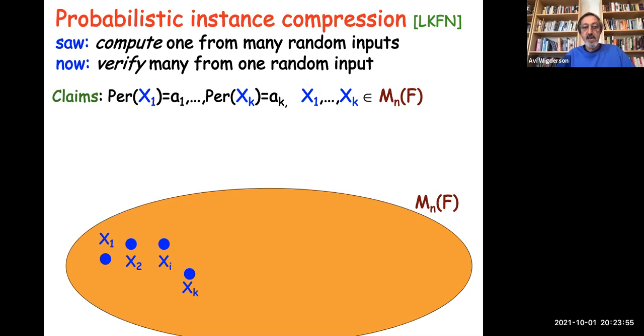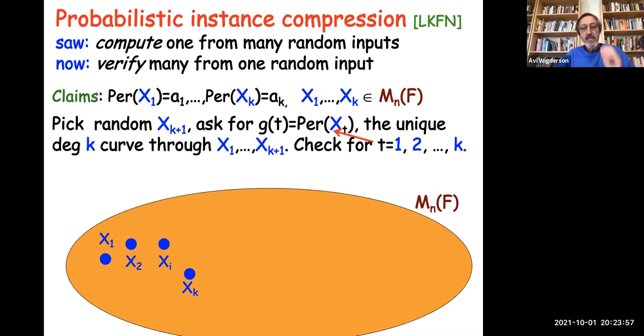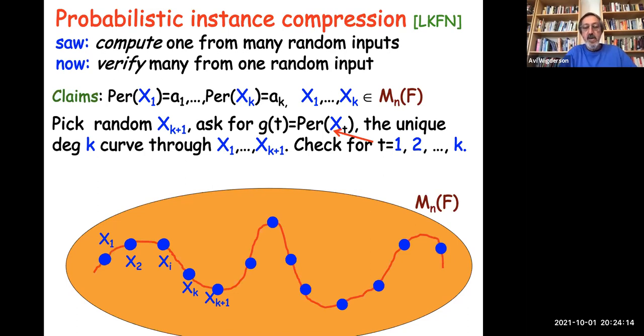It's, again, interpolation, basically. So given x1 to xk, you pick another random point, xk+1, and by interpolation you can choose a unique curve that goes through all of them. And now you give this curve to the prover.